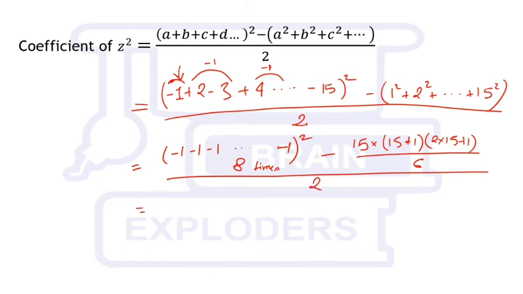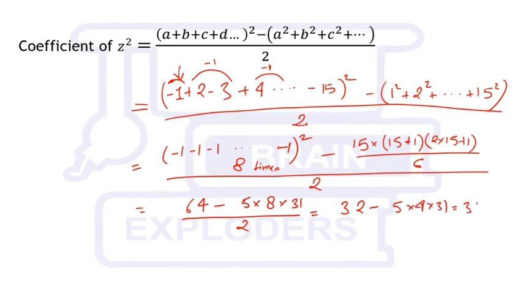On solving, we find that it is 5 times 8 times 31 over 2, which is equal to 32 minus 5 times 4 times 31, or 32 minus 620, which is equal to minus 588.